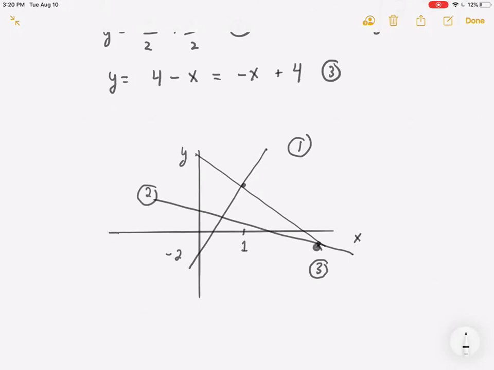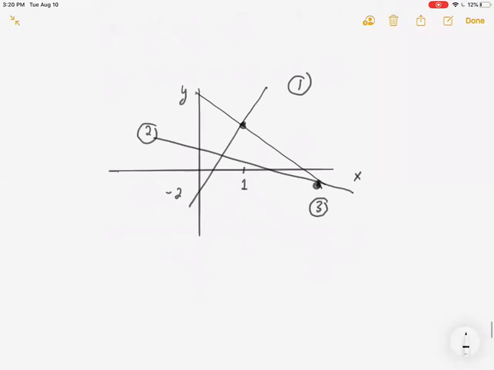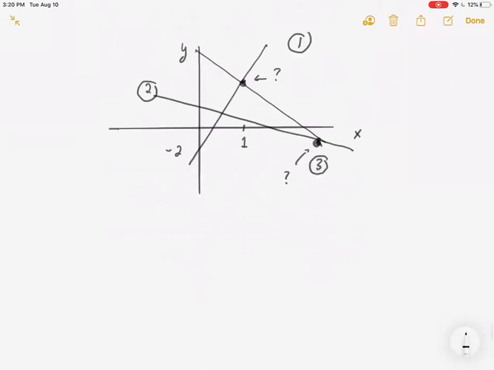And clearly lines 1 and 3 intersect. Clearly lines 2 and 3 intersect. And you can find out what these intersection points are; you can solve that yourself. So here's the question. What is the point where all 3 lines intersect?